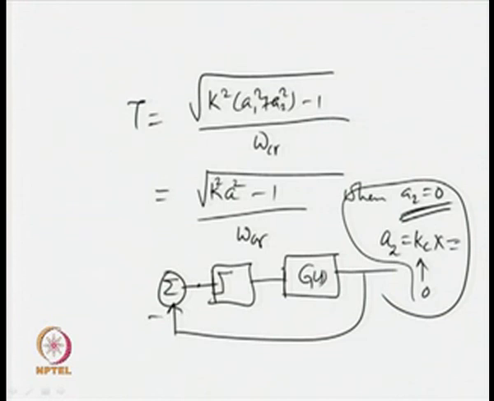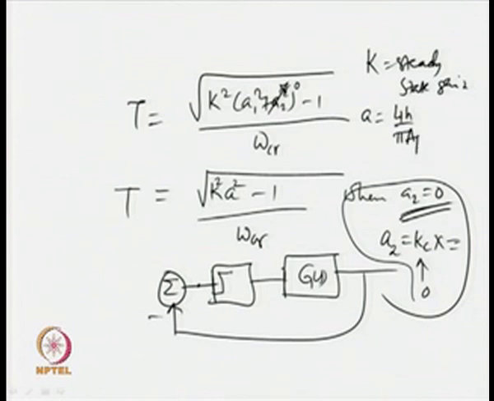So, when A2 equal to 0, then the expression for T is equal to square root of k square A square minus 1 divided by omega c r. What is k? K is the steady state gain, and what is A? A is given by 4 h by pi a p.